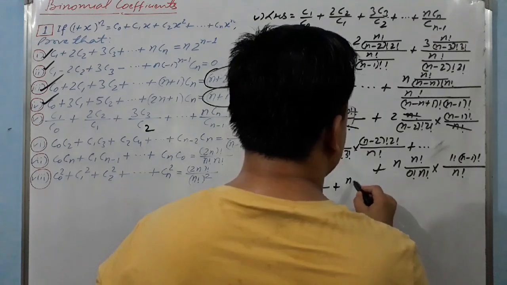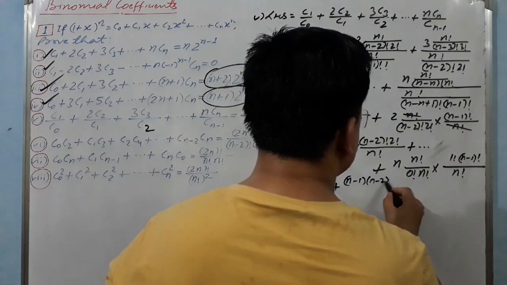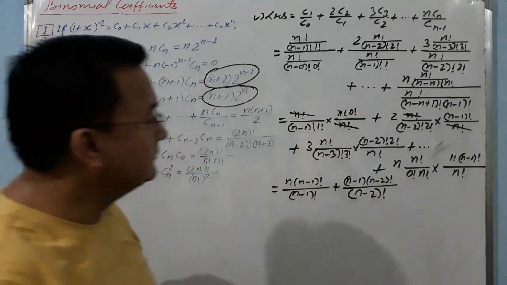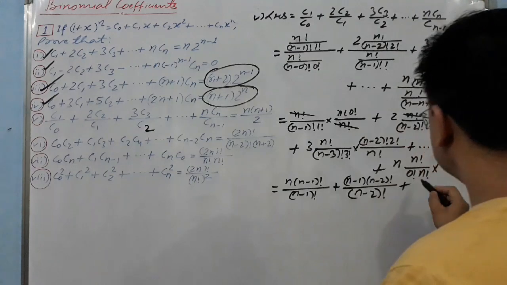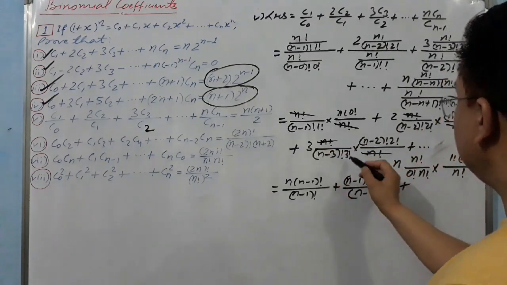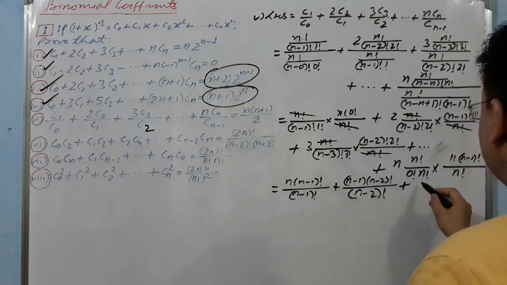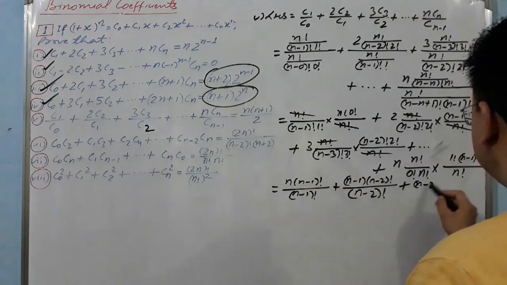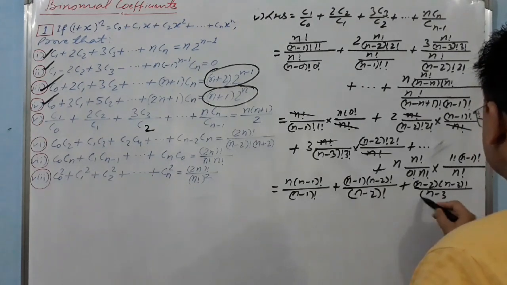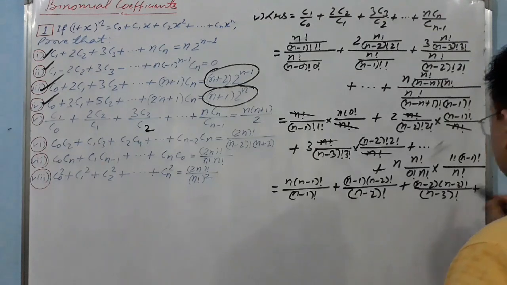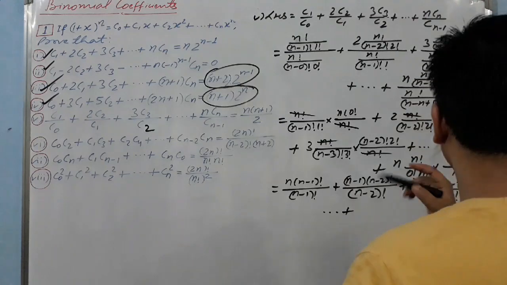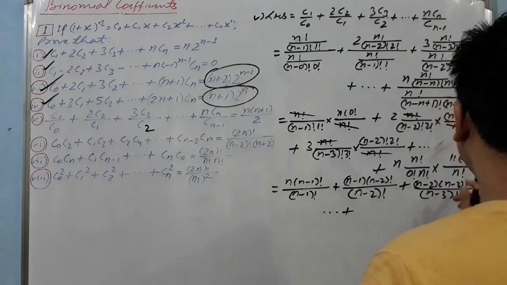Here you will write n minus 1, n minus 2 factorial over n minus 2 factorial, and plus n factorial cancel, and 3 factorial, 2 factorial will cancel, and you will get here n minus 2, n minus 3 factorial over n minus 3 factorial, and plus dot dot dot plus here n factorial cancel, right?